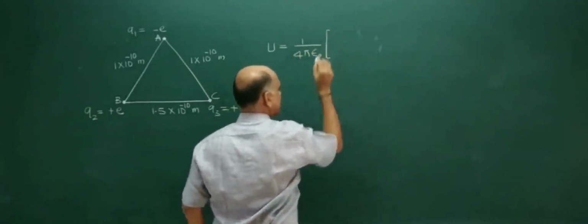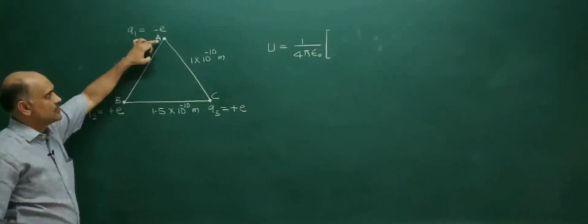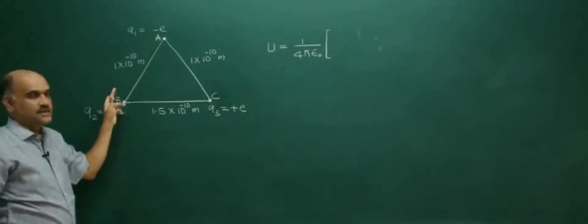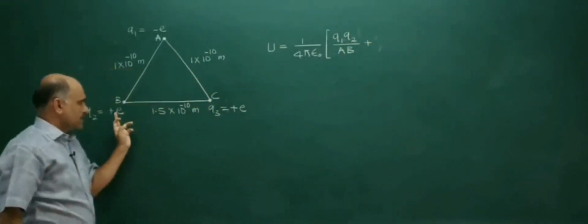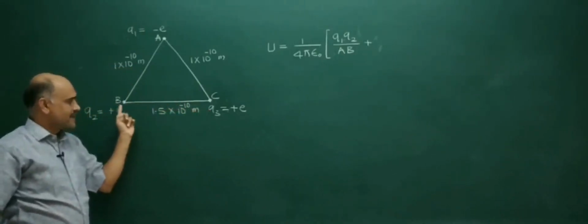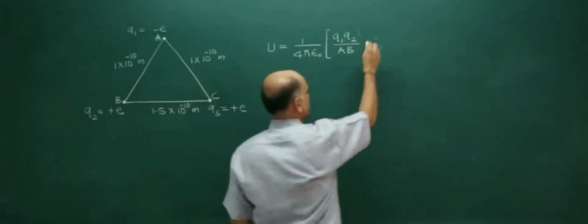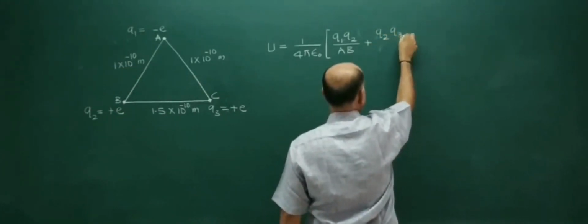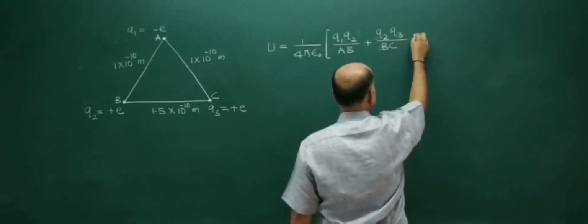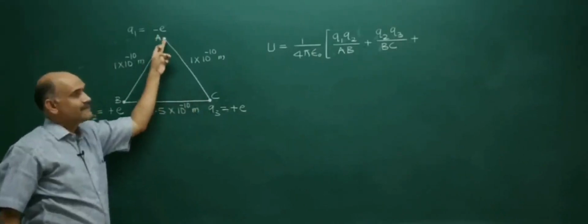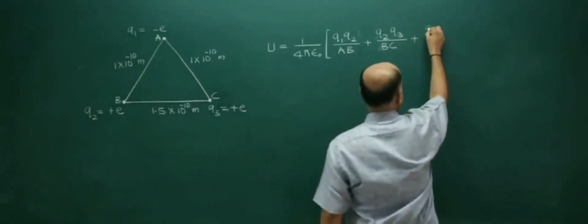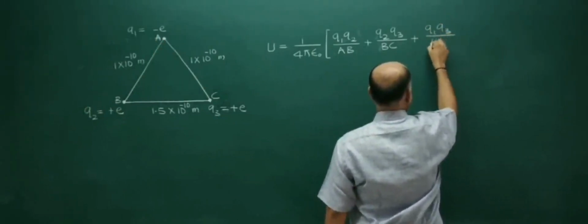First for these two charges, Q1 into Q2 divided by length AB, plus Q2 into Q3 divided by length BC, plus Q3 into Q1 divided by AC.